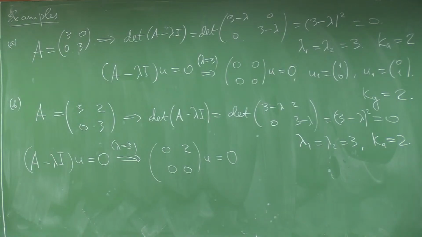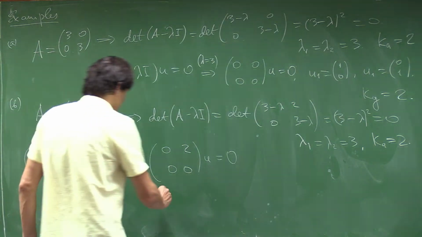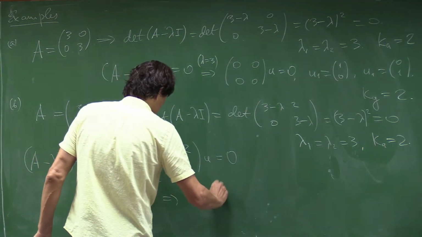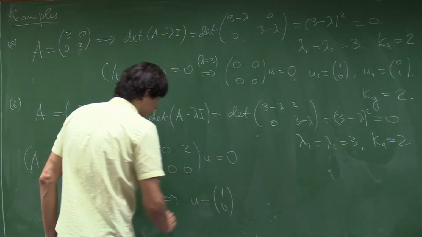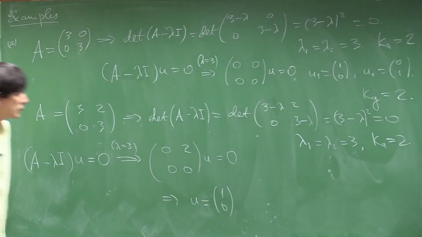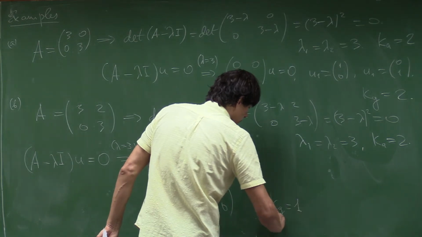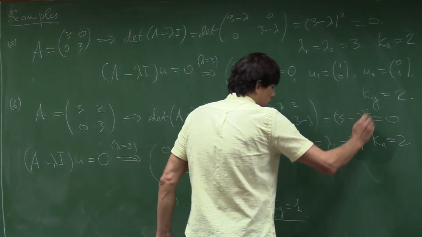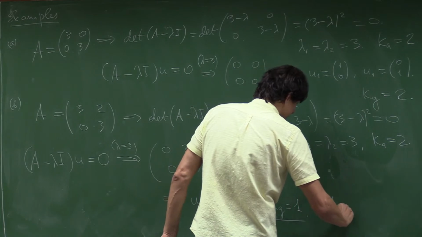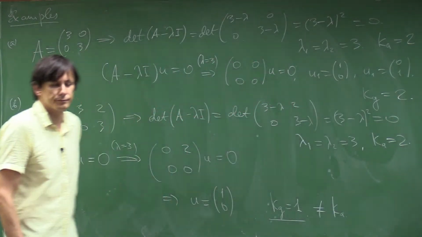And for this problem, you can just find one eigenvector. It's 1, 0. So you see that the geometric multiplicity here is 1. And it's not the same as algebraic.